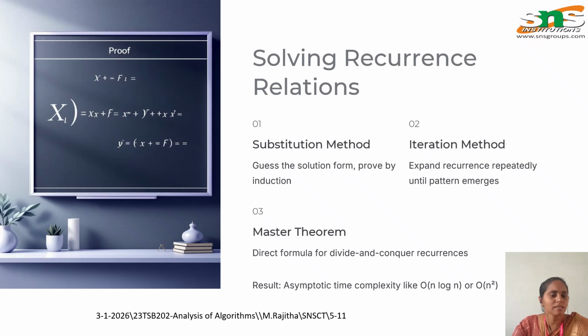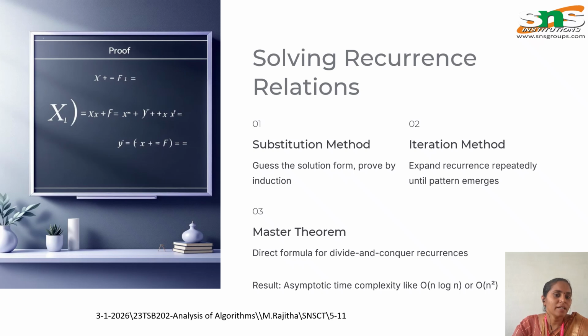Solving recurrence relations. There are three main methods to solve recurrence relations: substitution method, iteration method, and master theorem. In the substitution method, we guess the solution and prove it using mathematical induction. In the iteration method, we expand the recursion again and again and identify the pattern formed.